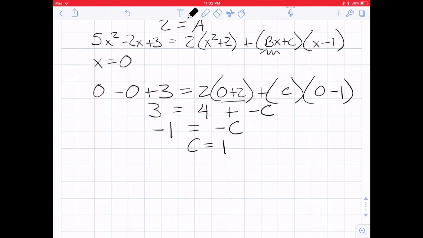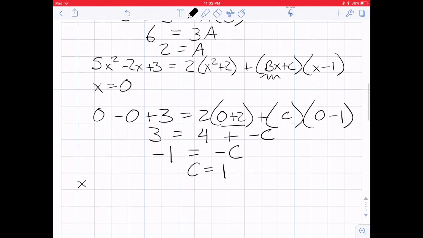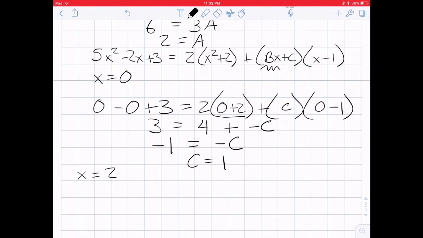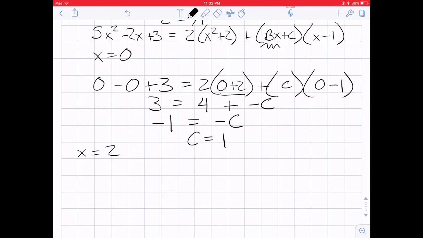So now that I have a and c, I should be able to go back through and pick another value for x and come up with my b. Doesn't really matter what, but I am going to pick, what did I choose, 0 and 1? I guess I'll choose 2. And we'll go from there.